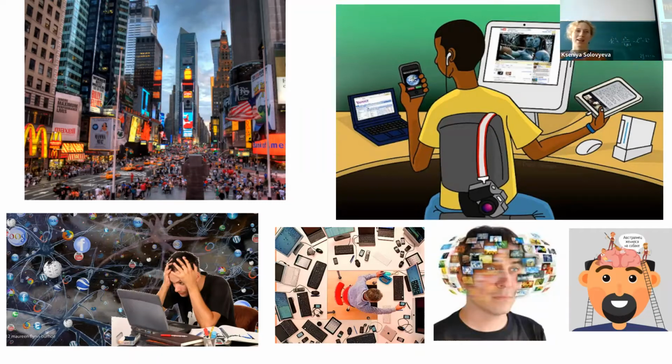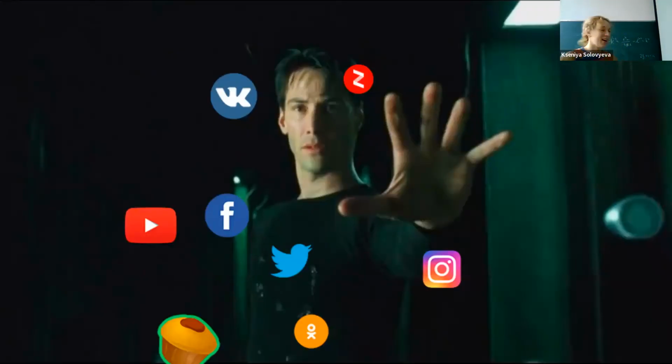Because we can find out almost everything on the internet, but attention is still the most important cognitive function, because all these commercials and advertisements are trying to grab our attention, and we should control it. So that's why we should understand how it works. What can we do with the attention? Yeah, like Neo here.